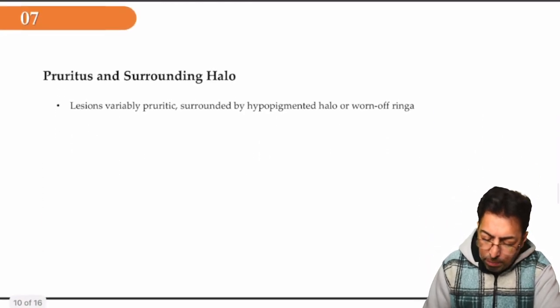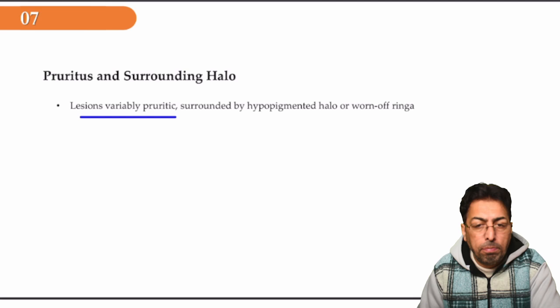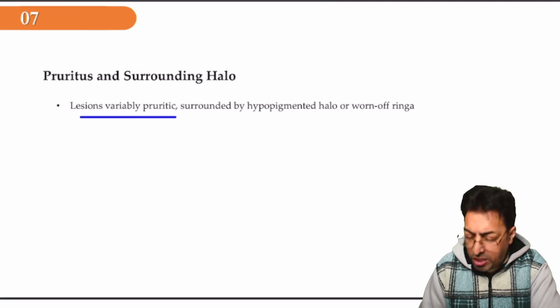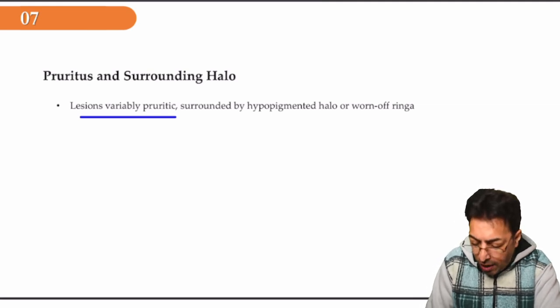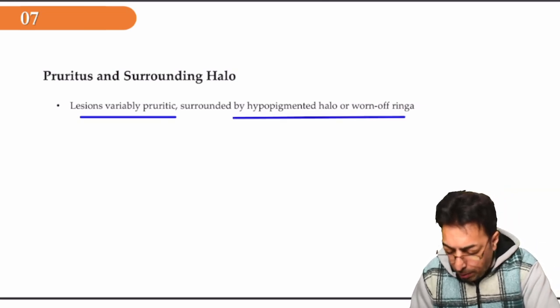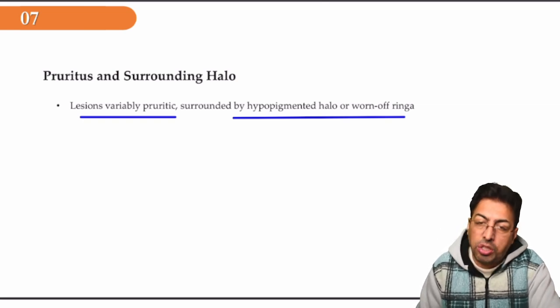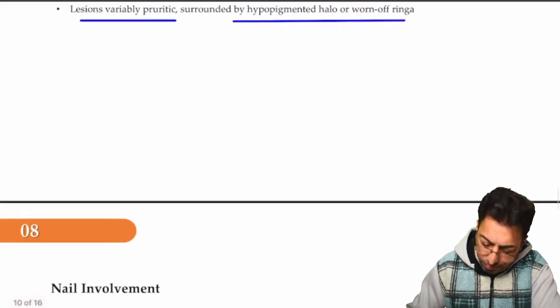So that is very important. And these lesions are variably pruritic. Some patients present with intense pruritus, some with moderate, and some do not present with pruritus at all. And they can have a hypopigmented halo or Woronoff rings. So that's important.